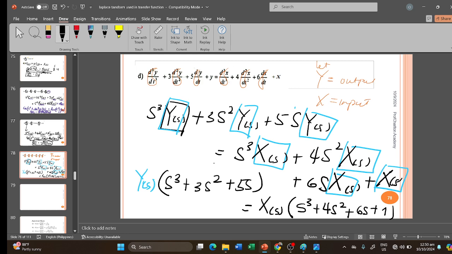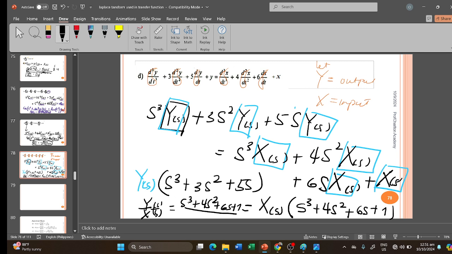Here, if it is the output, so output over input, you put that. So it becomes s cube, then we retain this and put this on the denominator. So we have s cube plus 4s squared plus 6s plus 1.